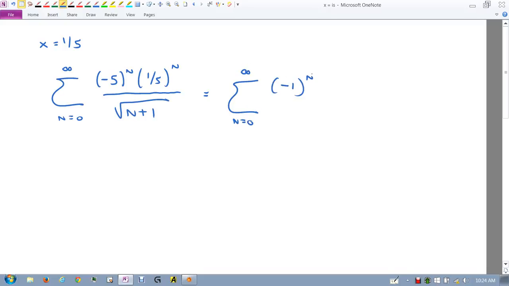This time, that doesn't just turn into a 1 because it's alternating, right? Negative 1. So how do you want to handle this one? Alternating series test, right? It's an alternating series. Let's go for it. With the alternating series test, I want to show what two things?